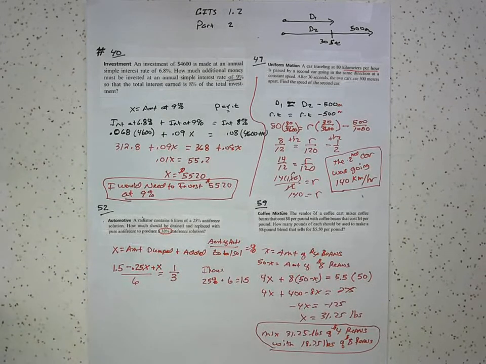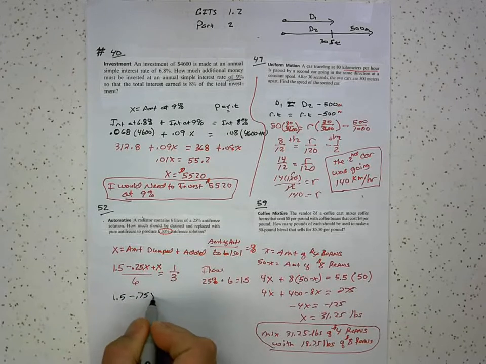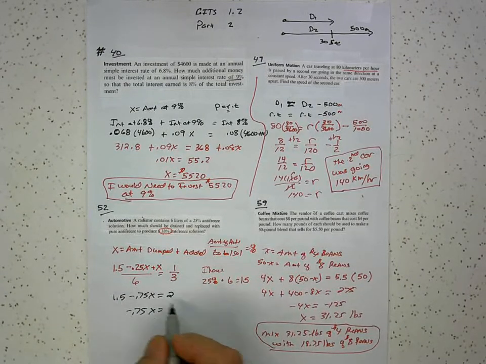Now we should be able to go through and solve it out. We're going to multiply both sides by 6 first. Okay, I just combined those terms. Subtract that. And divide. Now I'm going to get 0.5 over 0.75. That should be a positive there.